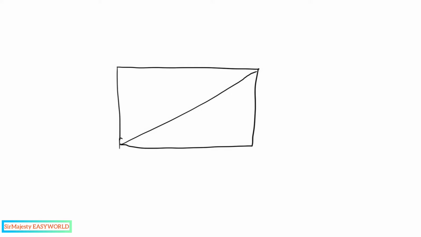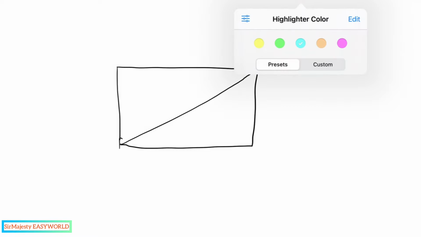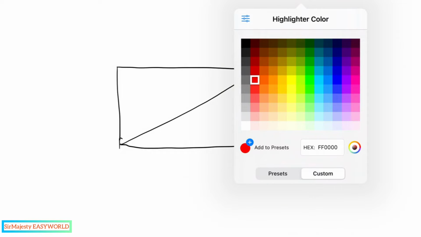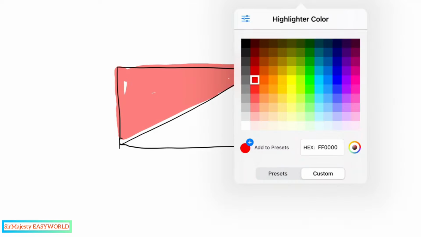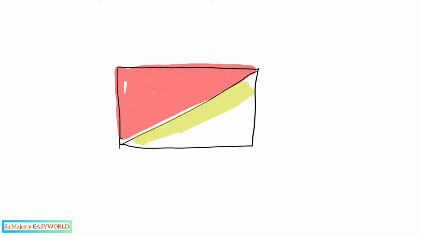I'm going to shade differently. So let me use a red. In this aspect here, I'm shading it red to represent either volume or pressure. Then here I'll shade it yellow. Okay, then we go to the writings.